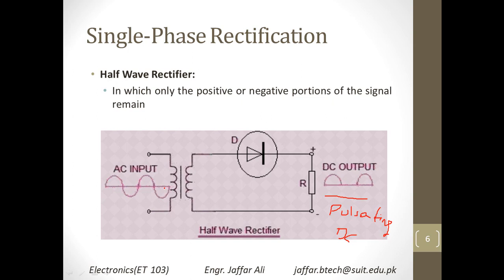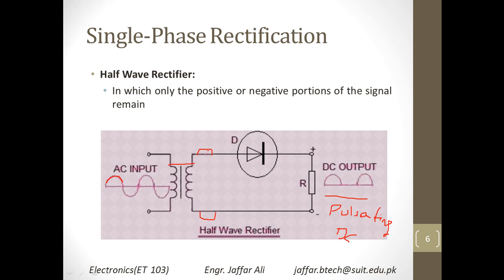In the first half of the cycle, this wave comes over here, and due to the transformer effect it is shifted over here. Because this is AC, when this line carries the positive, the other line carries the negative.